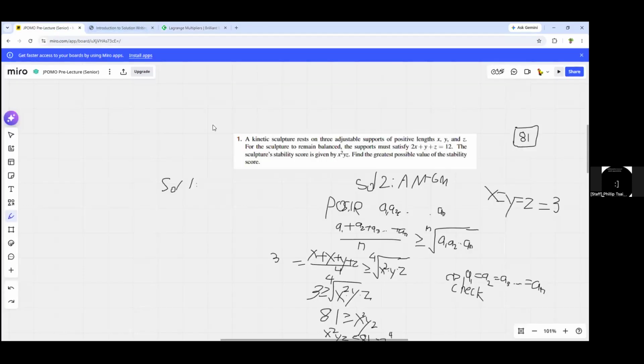We should first note that our f of x is the maximum value we want to find, which means that it must be x squared y z, right?